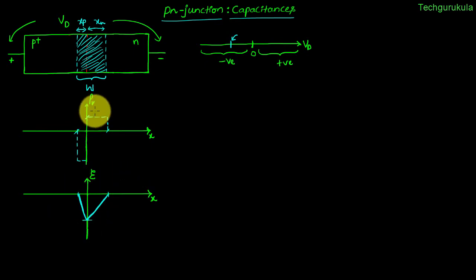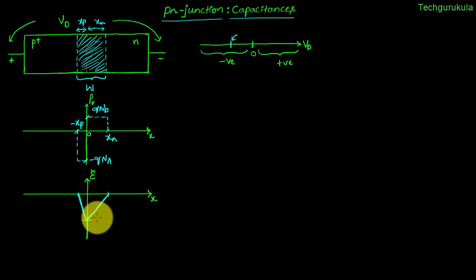This magnitude would be Q times Nd, where Nd is the concentration of doping on N side, and the magnitude here would be minus Q times Na. Na is the doping concentration on P side, and this is Xn, and this would be minus Xp. And this value here is 0 for the X, where we are measuring the distance.